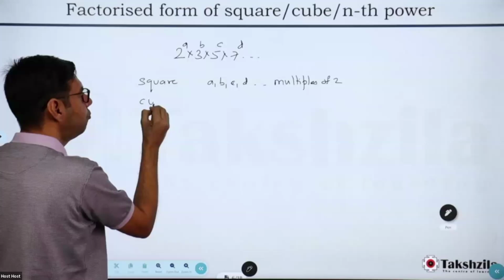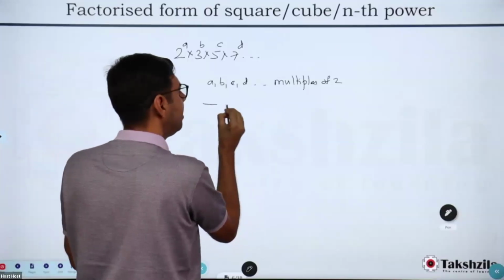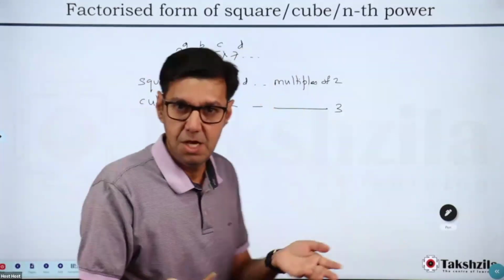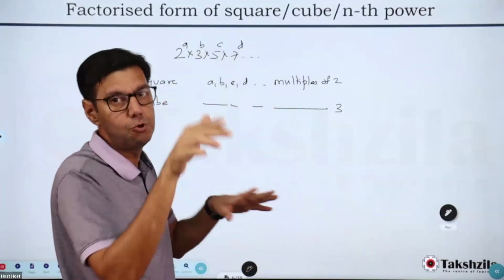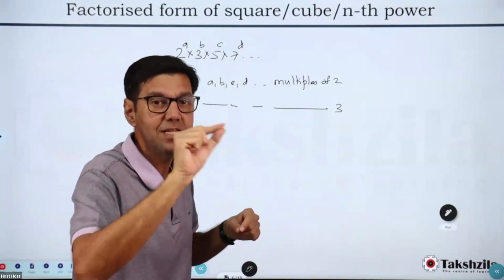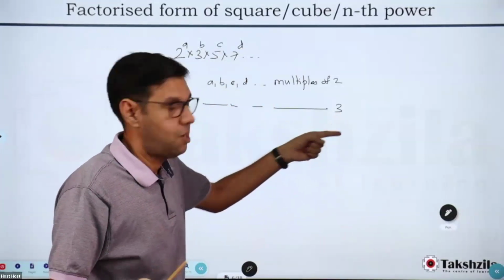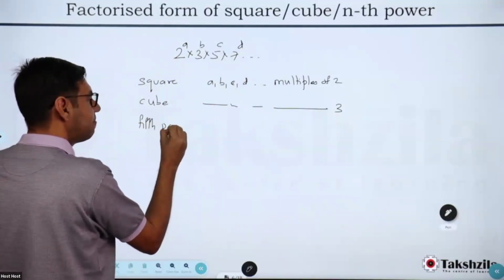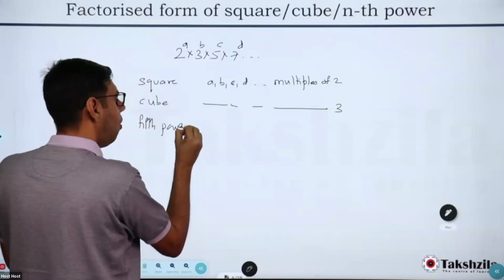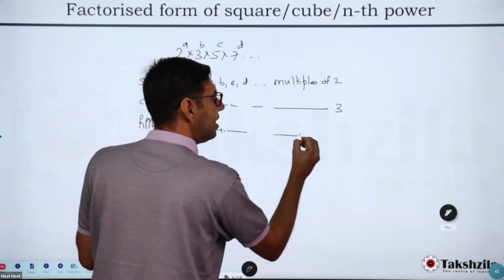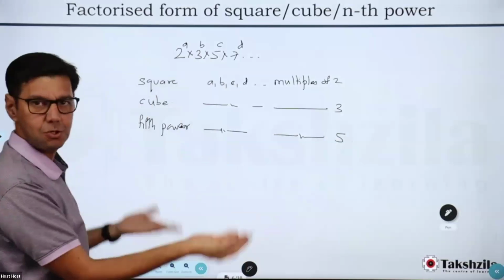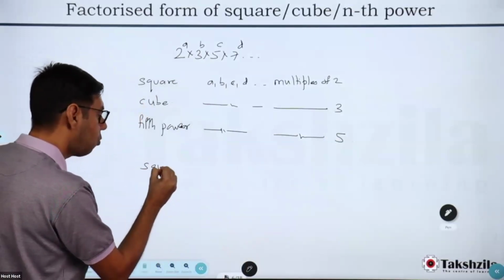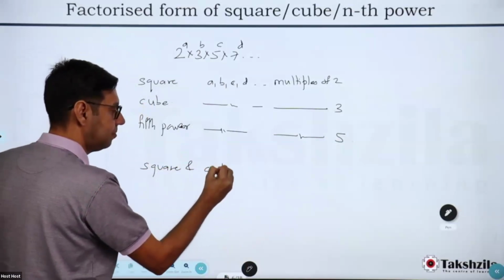It is a cube when these numbers are multiples of 3. Cube root means 1/3, so you should be able to divide the indices by 3. They should be multiples. When is it a perfect fifth power? Fifth power when all of a, b, c, d are multiples of 5, and so on. So now go ahead and tell me when is a number going to be a square and a cube?